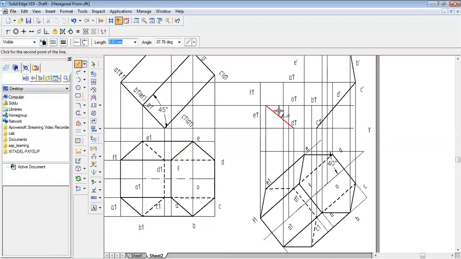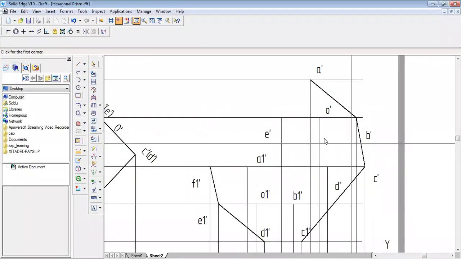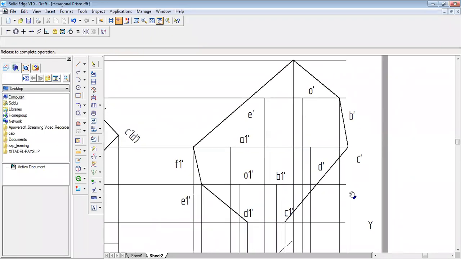So make it visible. Can you be able to make out anything from this?